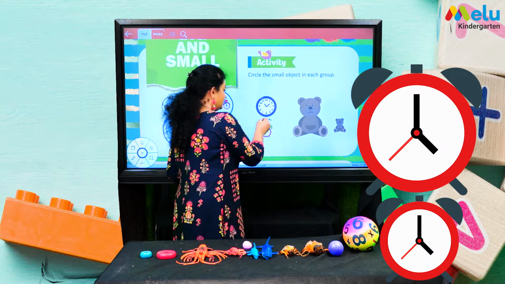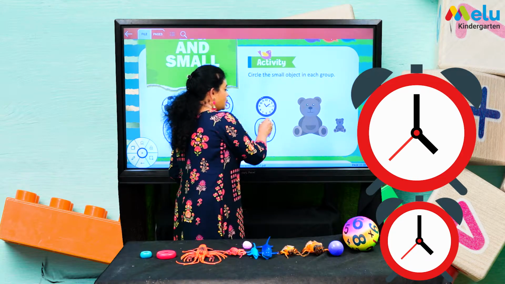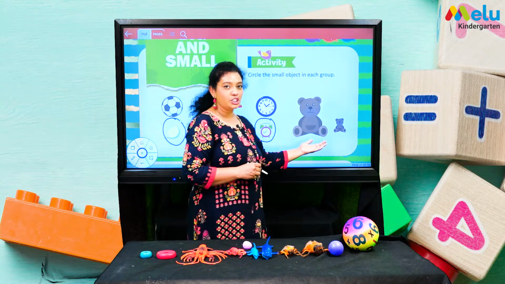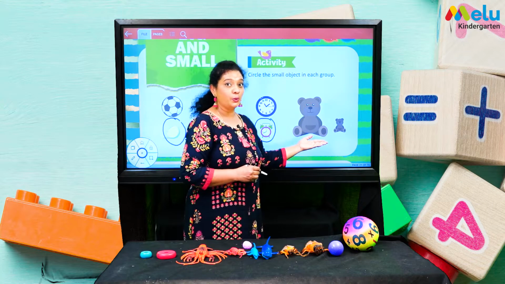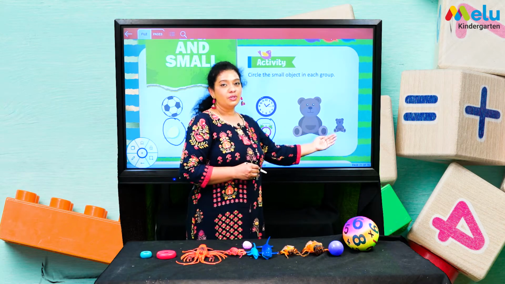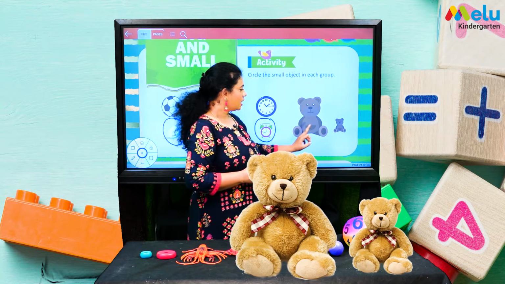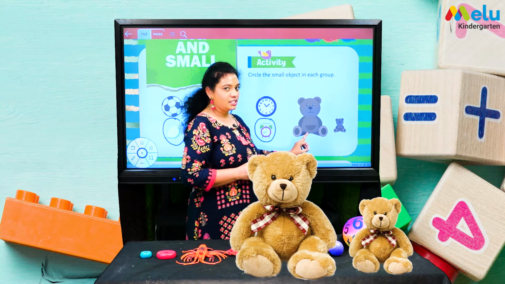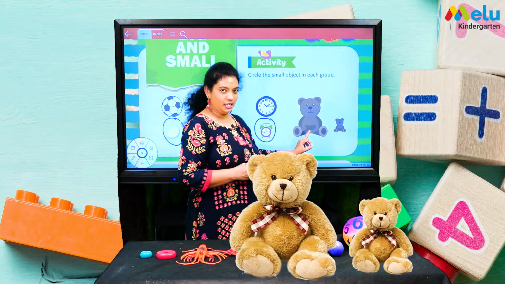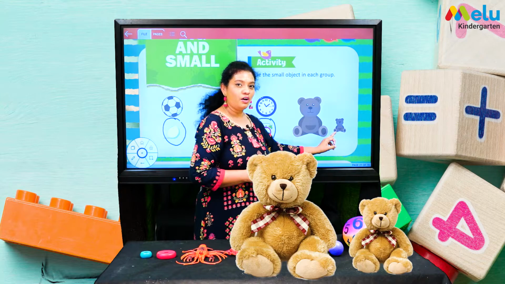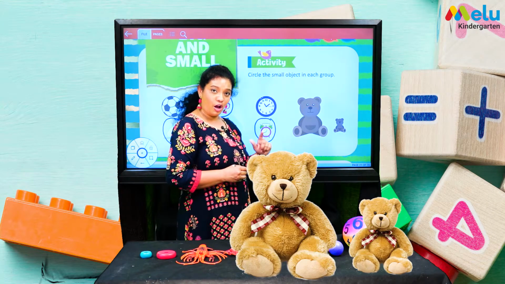Yes, the down clock is small. And see here, children, the last group, which is bear group, and we should tell which is small bear. Right. So when you compare these 2 bears, the size of 2 bears is not same. This is big and this is small. So we need to circle the small bear.